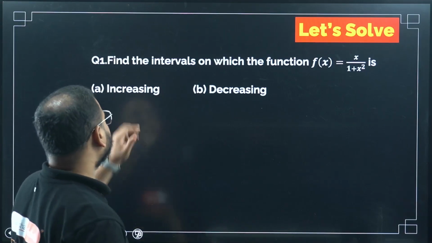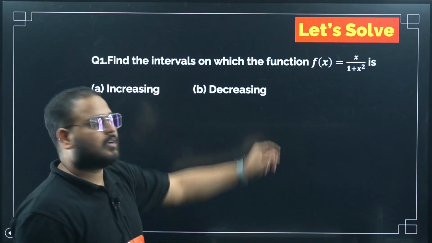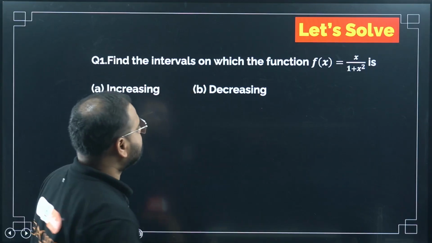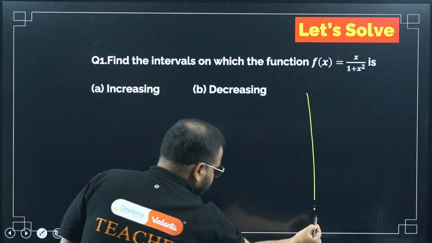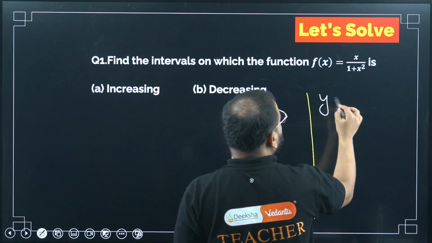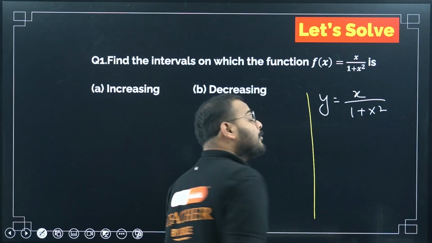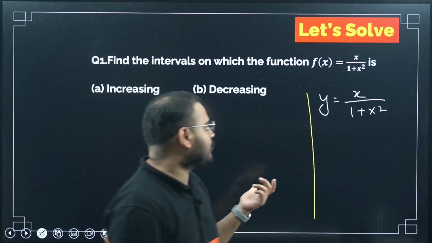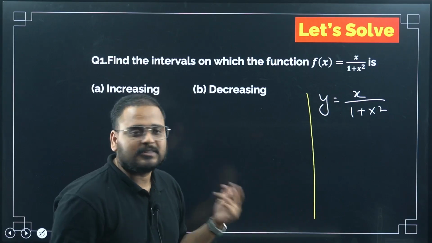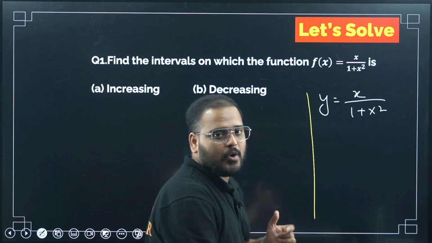Okay, let's move ahead. Find the intervals on which the function is decreasing or increasing. Let's do the derivative first. Finding the derivative of this, what rule do we use? I told you there is a prerequisite of this chapter: knowing differentiation. If you don't know differentiation, how will you find the derivative, or proceed with anything in this chapter? So it is called AOD for a reason.